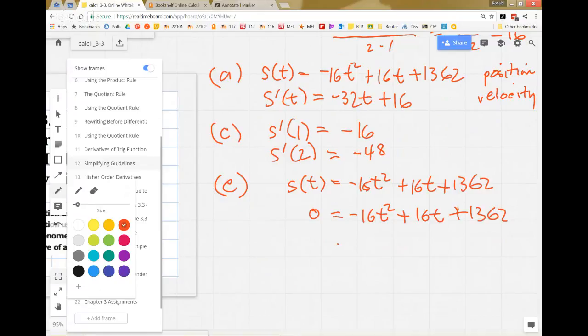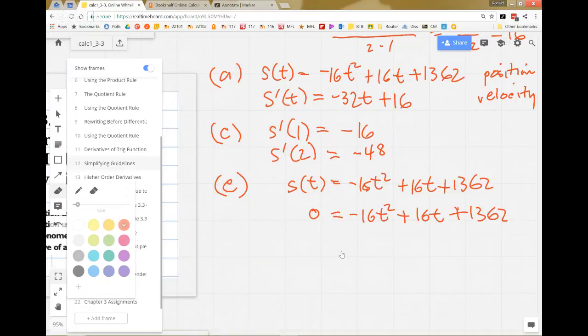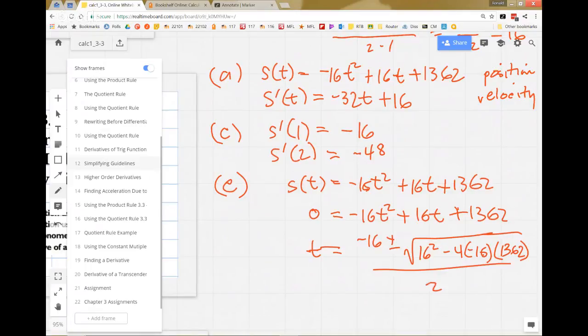So x, or in this case t, is equal to minus b plus or minus the square root of b squared minus 4 times a times c, all over 2a, which 2a is negative 32.